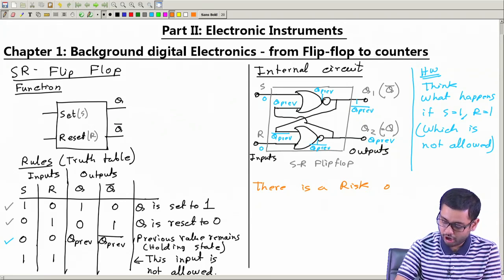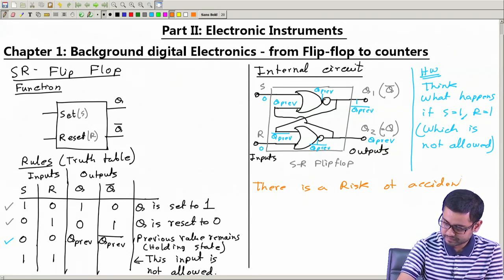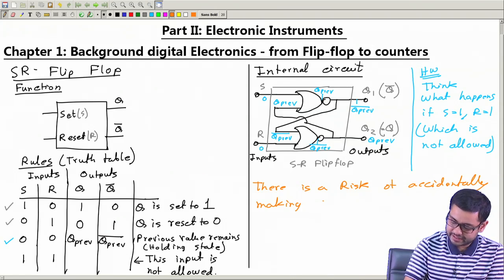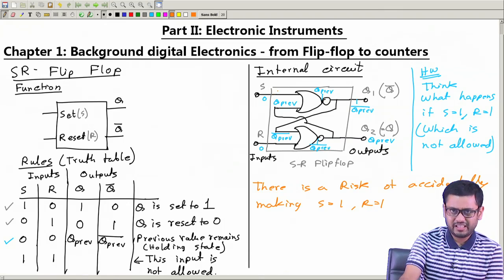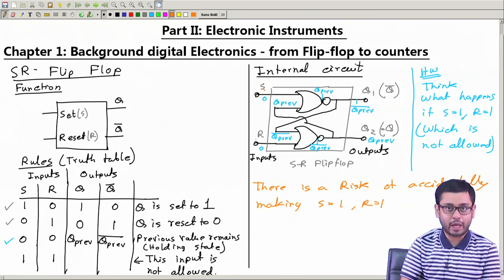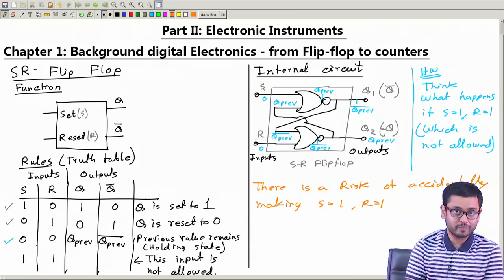There is a risk of accidentally making set equal to 1 and reset equal to 1. That means there is a chance of pressing set and reset simultaneously, which is not allowed.